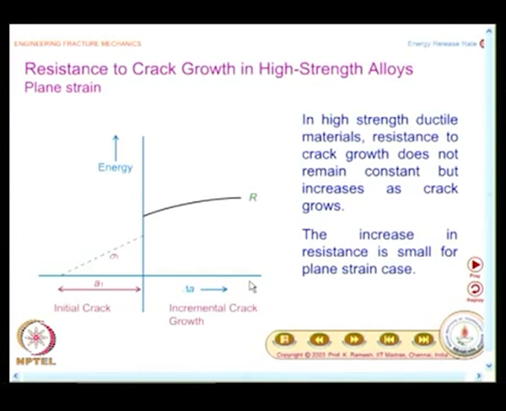On the x axis you put the delta A incremental crack growth, on the negative x axis put the initial crack, on the y axis you have the energy, and you look at what way the resistance is depicted. In the case of high strength ductile materials, resistance to crack growth does not remain constant, but increases as crack grows. But this increase is reasonably small in the case of a plane strain case.